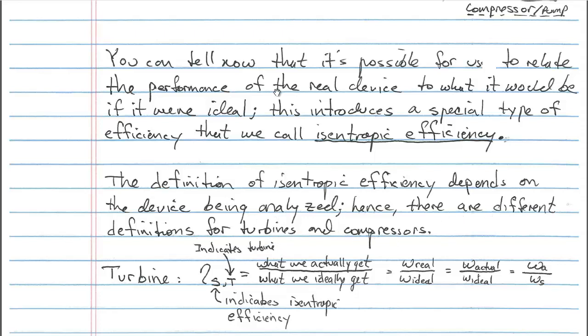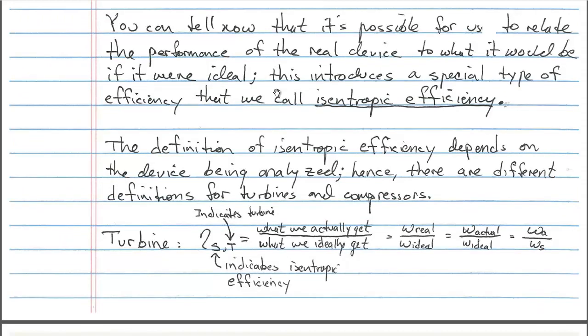Okay, so let's start first of all with defining the isentropic efficiency of a turbine. So the way we write this is we use the Greek letter eta, just like we do for any other efficiency. We use eta for the general definition of efficiency of what you get divided by what you pay for.